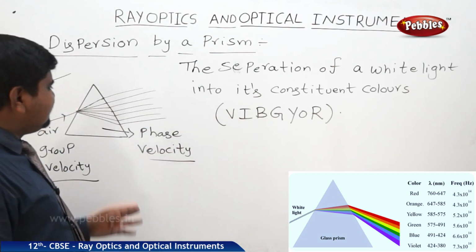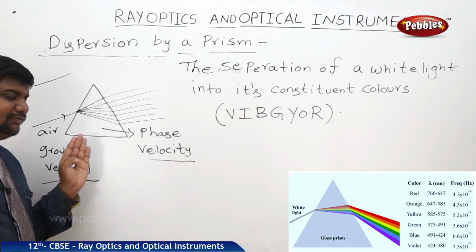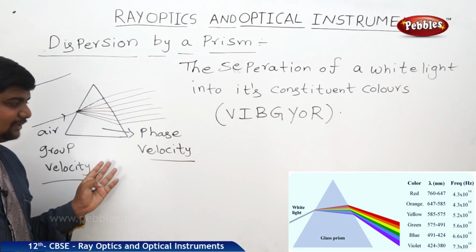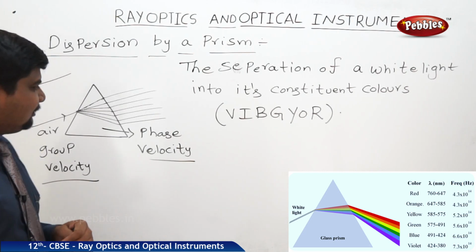Mr. Newton thought about what the reason for this separation is. Is there any force applied to do the separation, or can the prism itself create the spectrum or not?